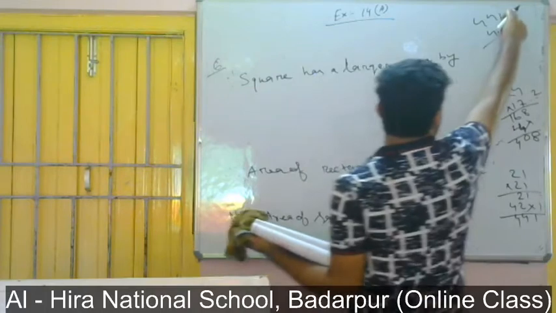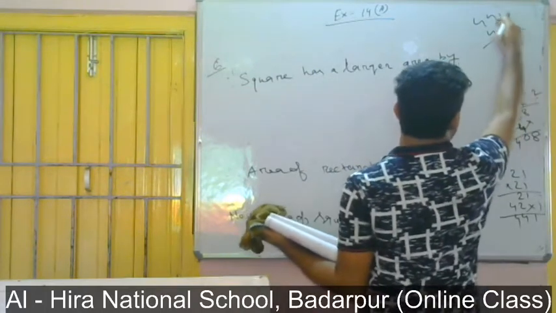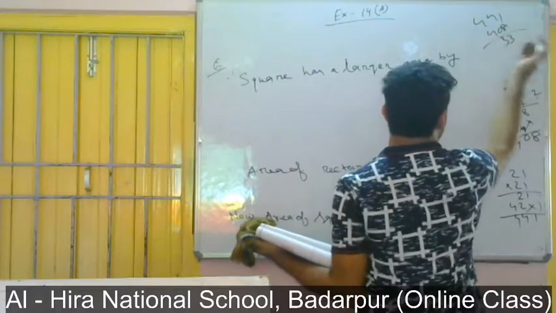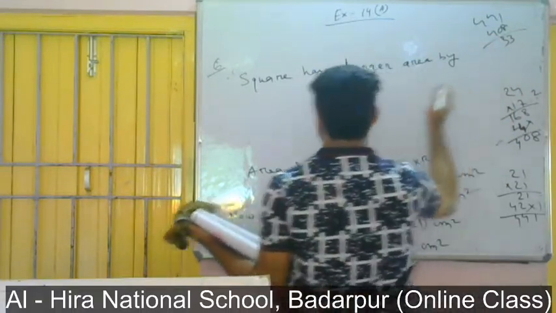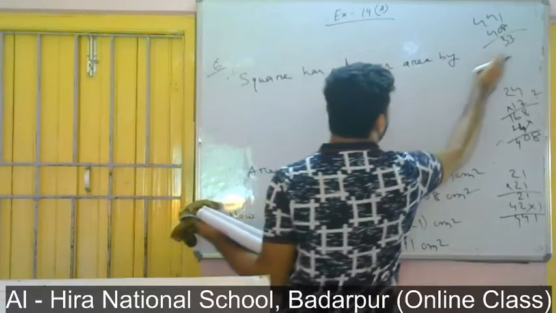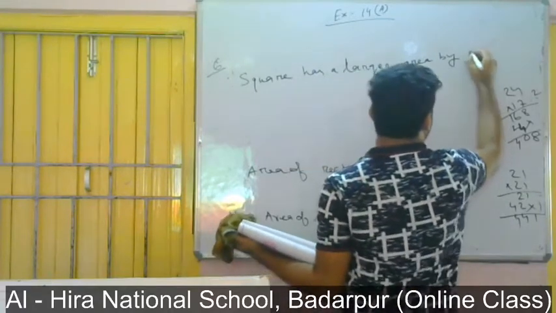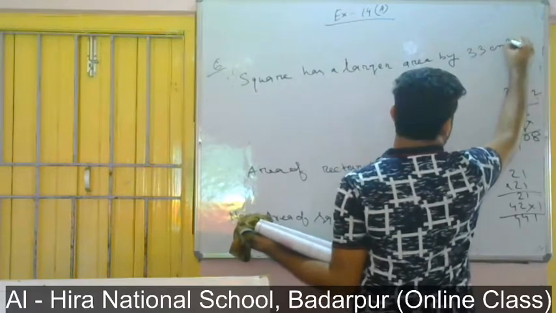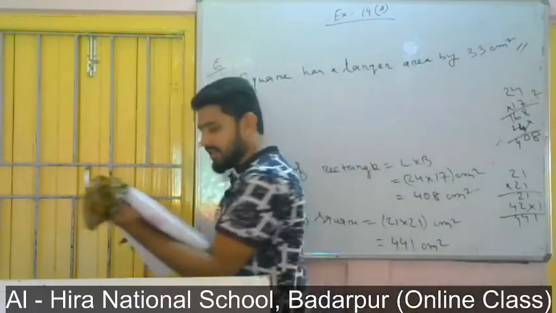Okay, 11 minus 8 3, here remain 3. So 3 minus 0, that means 3. Here 4 minus 4 0, so 33. So you can write square has a larger area by 33 centimeter square. That is the answer, 33 centimeter square.